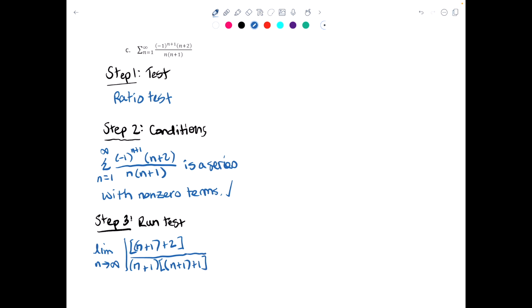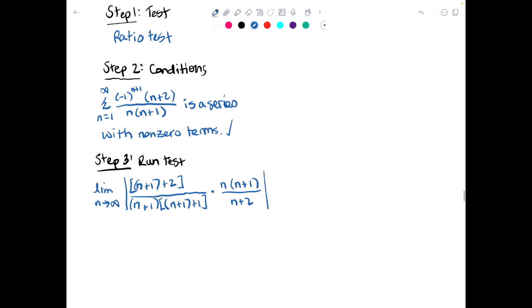That's our n plus first term. And then we're going to multiply by the reciprocal of the nth term. So we'll have n times n plus 1 over n plus 2. And again, the absolute value takes all the negatives away, which is great.